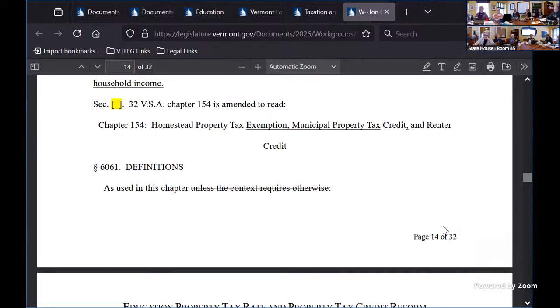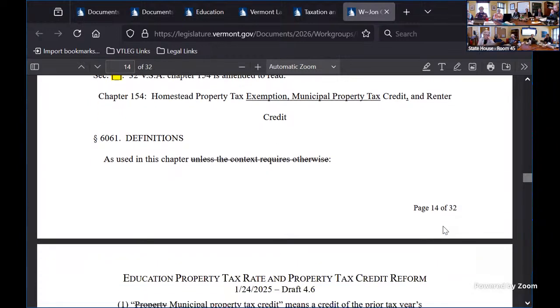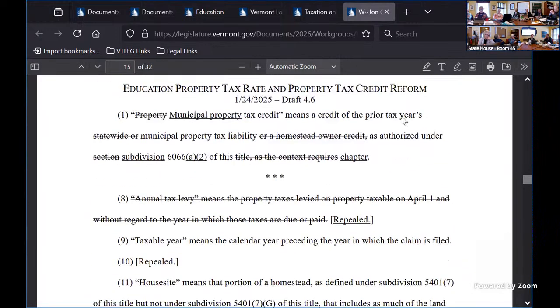But as you know, in this chapter, we also have that municipal property tax credit and a renter credit. Both of those are retained in this proposal, but now instead of that education property tax credit, we have a homestead property tax exemption. And the conceptual thing that's happening is you're reducing the amount of the house site value that is subjected to education property taxation. That's the big concept here, and I can walk through the actual language.